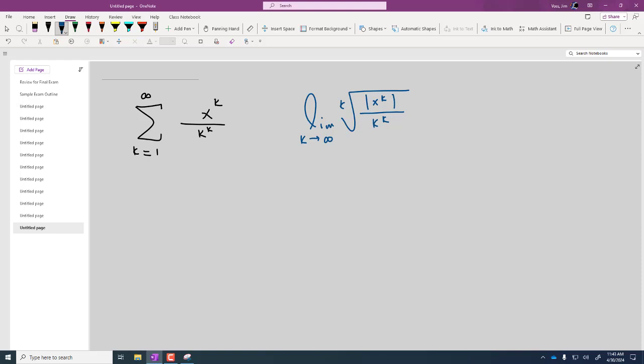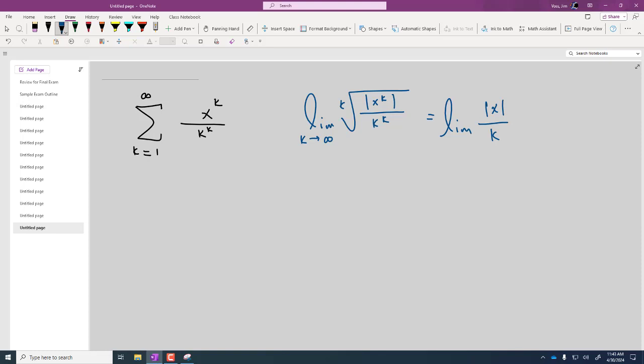If x is negative and k is odd, you'd be trying to take, well, I guess if k is odd, you could take the kth root of an, never mind. You want to have absolute values on there. So when we take the kth root here, we get absolute x over k. The kth root of x to the k is absolute x.